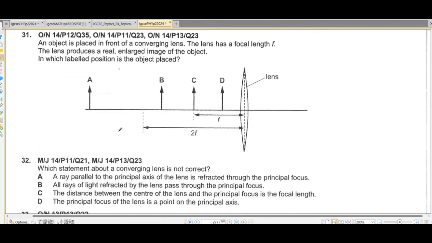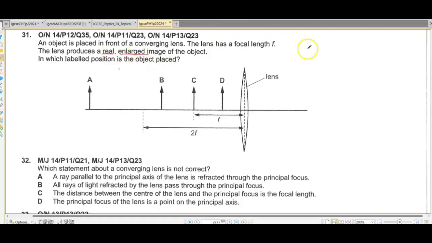Question number 31. An object is placed in front of a converging lens. The lens has a focal length f. The lens produces a real enlarged image of the object. In which labelled position is the object placed? Okay, now we have two conditions, that the lens produces an image which is real and enlarged as well.